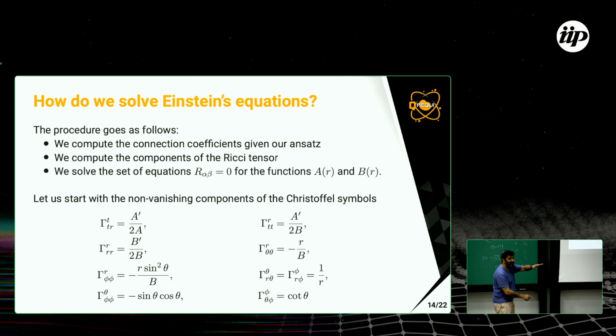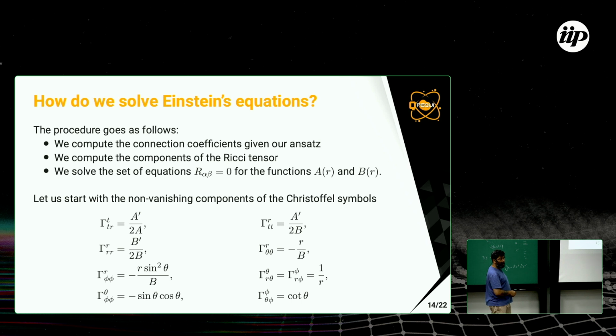So we compute all the components of the Ricci tensor, which are functions only of the connection. Then we put these in Einstein's equation, and they will end up as differential equations for A and B, which can be solved, and then we find A and B, we find the metric.